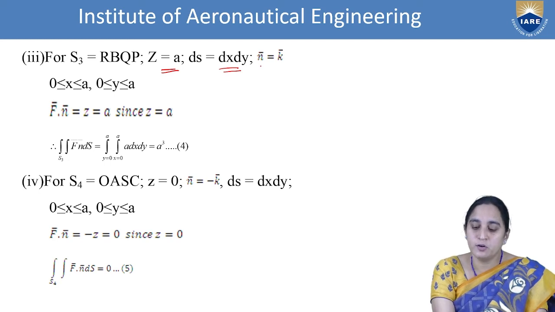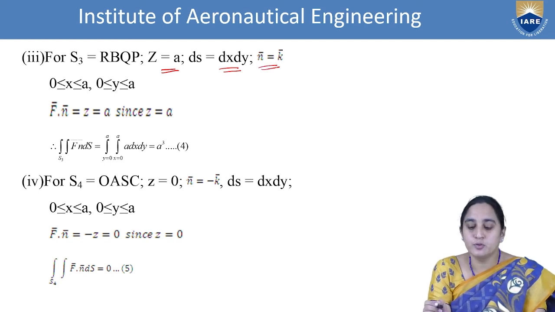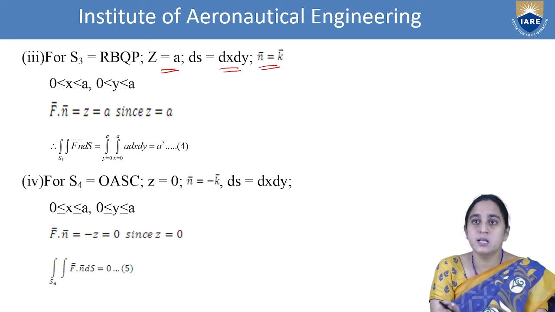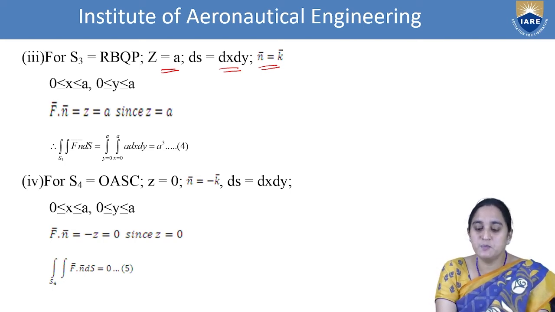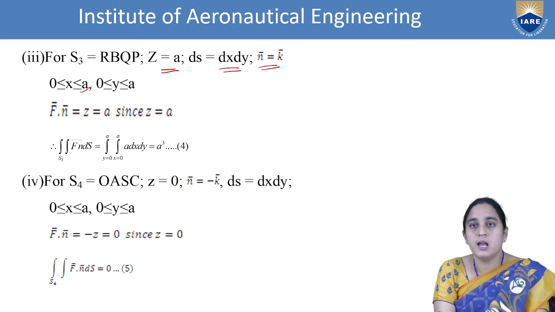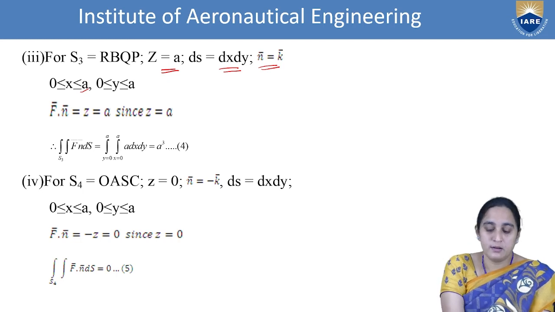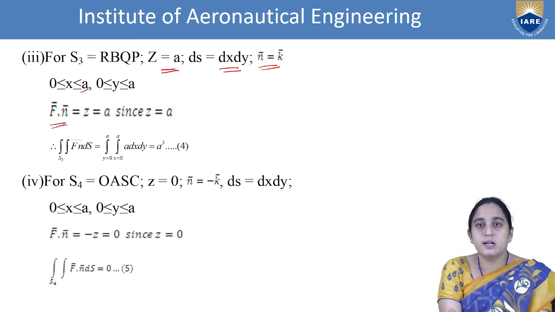The outward unit normal vector is in the Z-axis positive direction, that's why I'll consider n bar is equal to k bar. Here ds is dx dy, which means the x limit points are 0 to A and the y limit points are 0 to A. After that, multiply f bar dot n bar. Here f bar dot n bar means directly z.